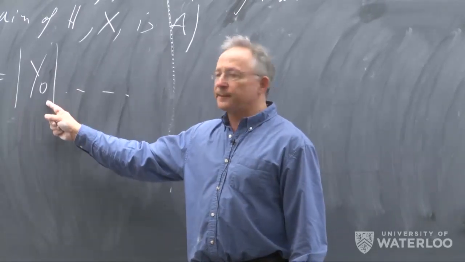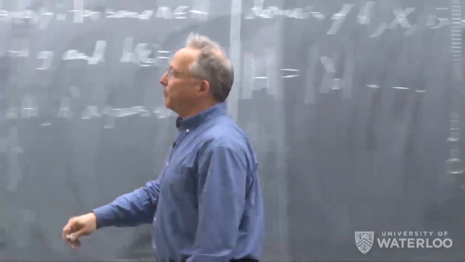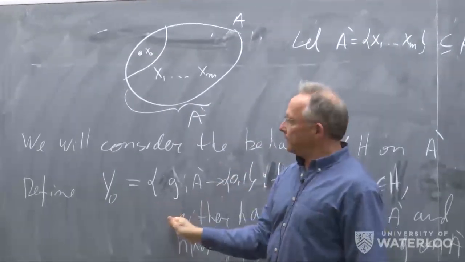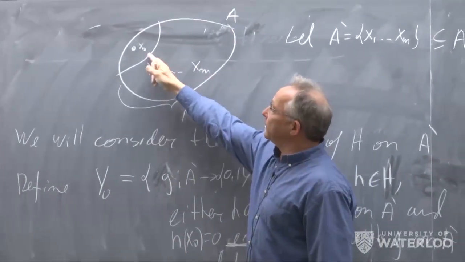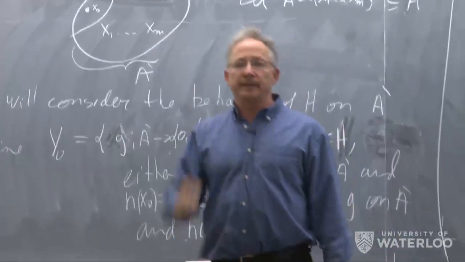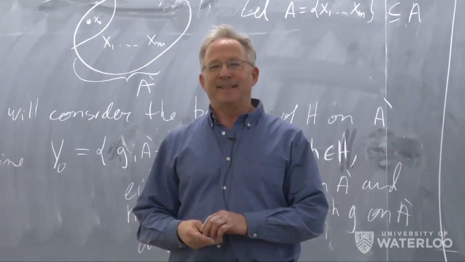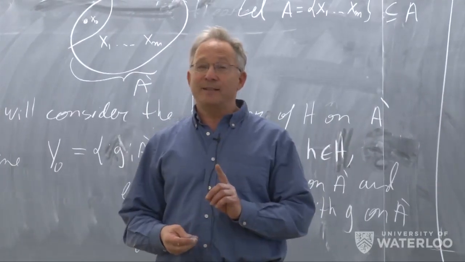I'm claiming something is missing here. Here I'm counting all the possible functions on the set A, and in Y0, I'm counting all the possible functions on the set A prime. So what is missing? Yes? The functions that disagree on A prime?